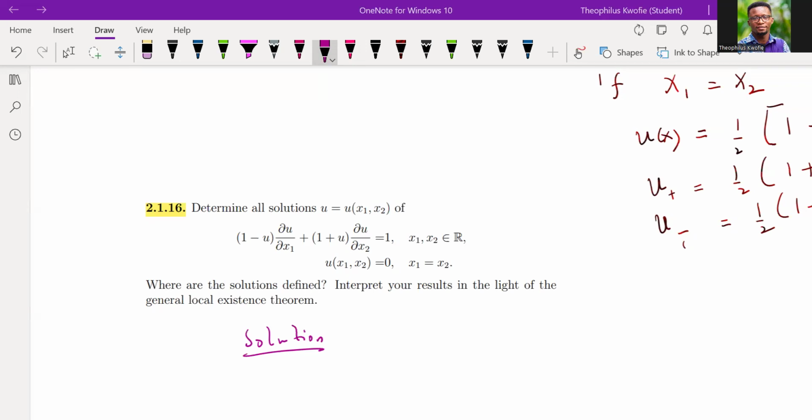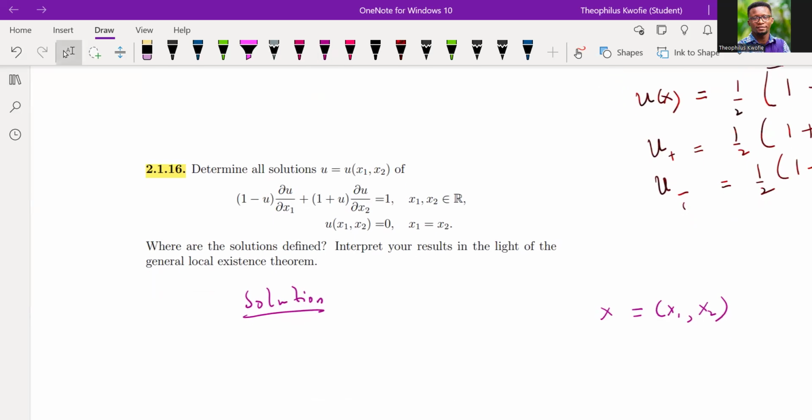So we denote x to be x1 and then x2. Very, very important.